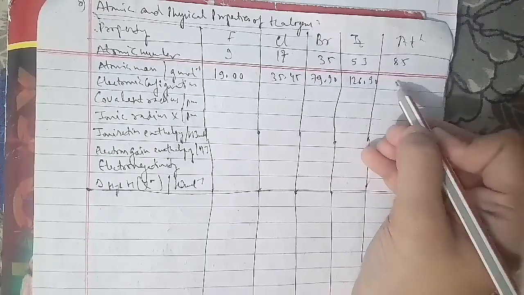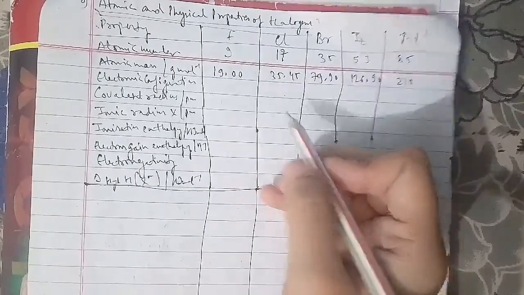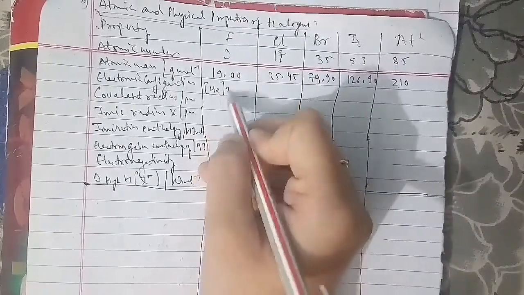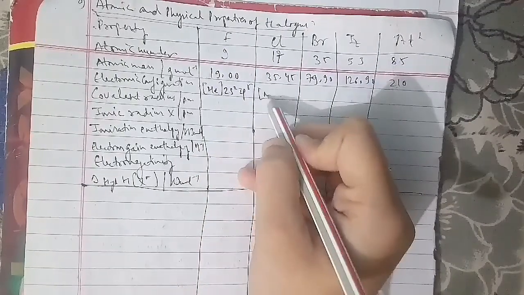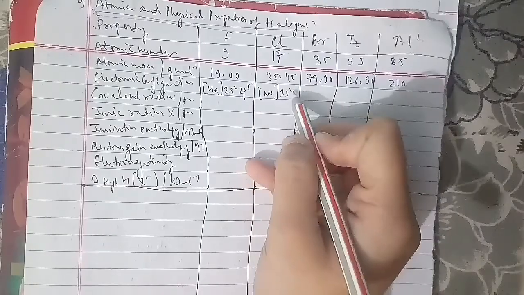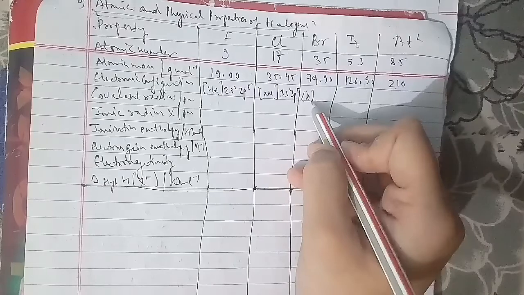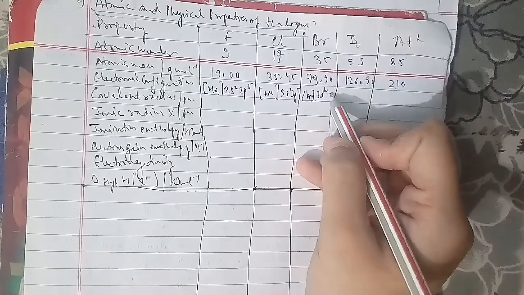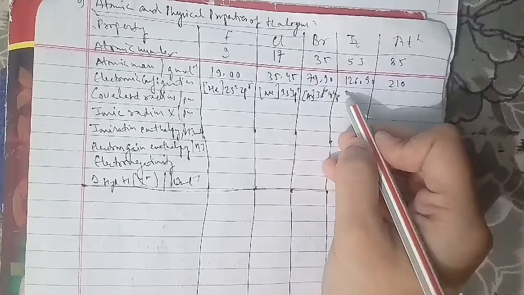Helium 2s2 2p5, neon 3s2 3p5, argon 3d10 4s2 4p5, then krypton 4d10 5s2 5p5.